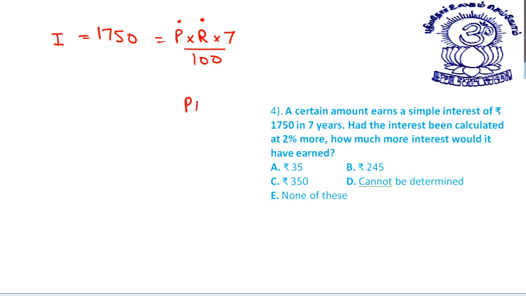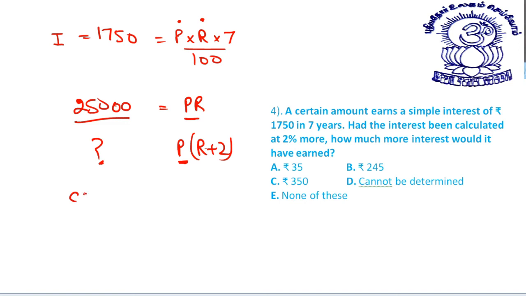From here, what I can conclude is that the product PR is 1750 divided by 7, which is 250, into 100, so 25,000. The product of principal and rate is fixed. Now if you increase the rate to R plus 2, you cannot determine the value, because unless you know both the values, you can't solve it. So I can say data inadequate, or cannot be determined.